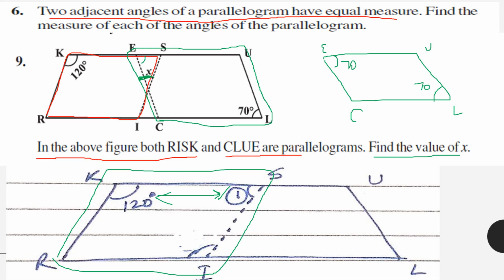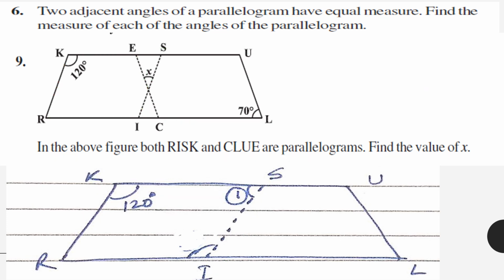If you have got this angle, can't you find this angle? Was it tough? No. You can try on your own. So we have utilized the properties of parallelogram to find two angles of this triangle, EOS. After getting the two angles, just apply the angle sum property of triangle and you will get the value of x very easily.